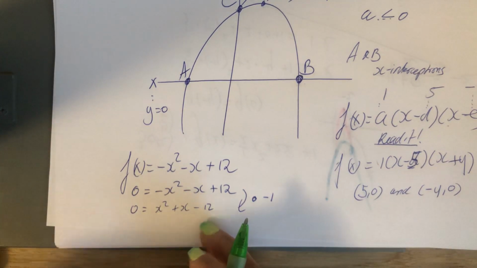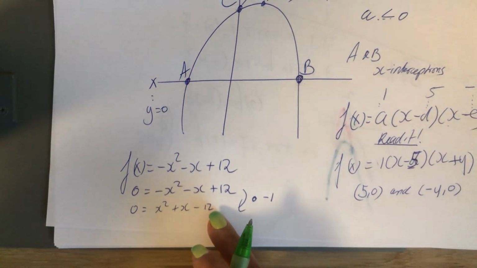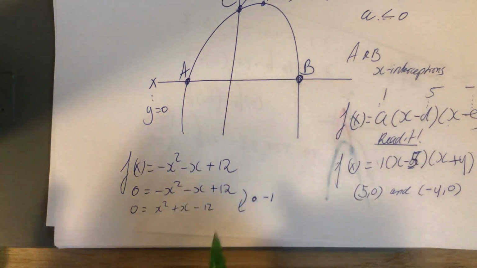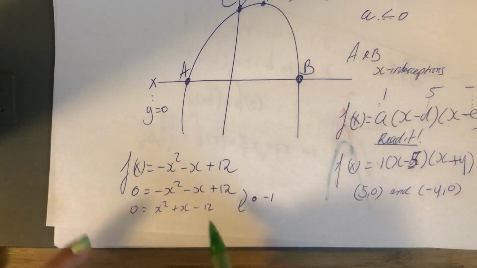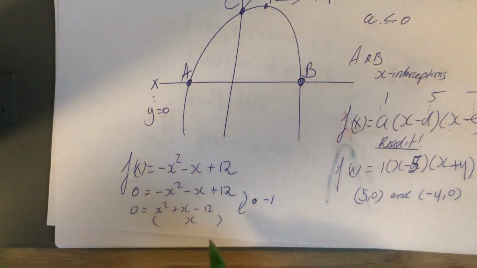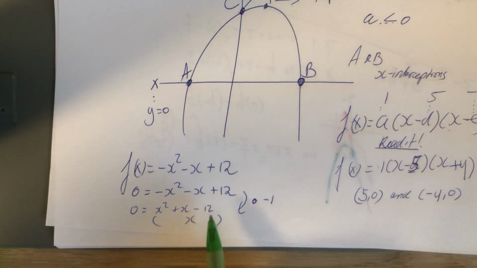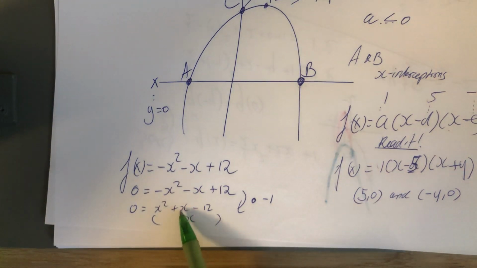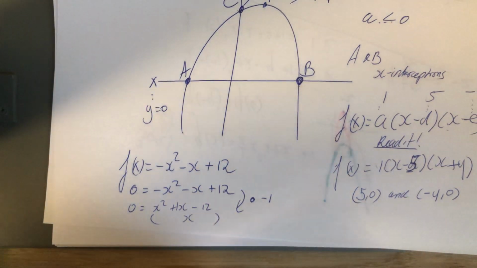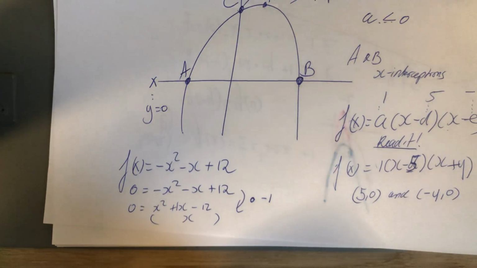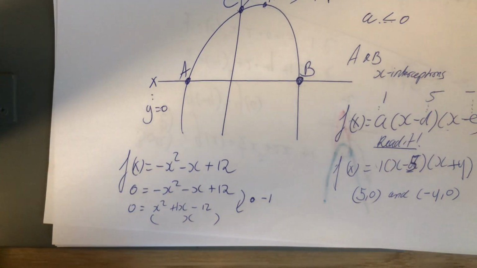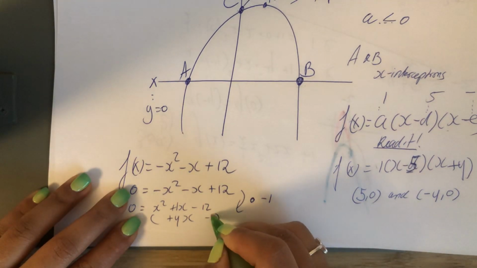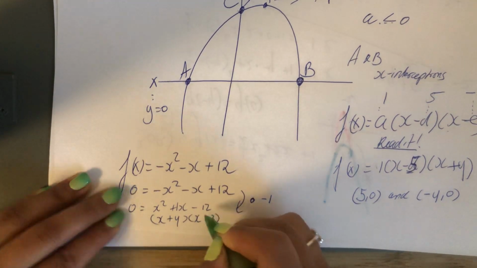Do we think ABC method, or do we need to complete the square? No, luckily we have the ABC method. That's always handy. So we think, let's see, what times what makes minus 12? We got 6 and 2, but we will never get 1 because there's a 1 over here that we don't write. So what are those numbers? Pause the video and think back for yourself. All right, positive 4 and minus 3, x and x over here.